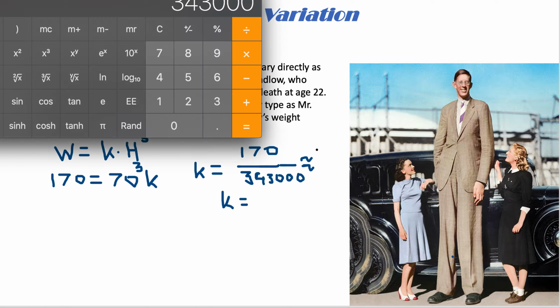First of all, let me take 170 and divide it by 70 cubed, which we already know is 343,000. So it's 343 and there are 3 zeros.